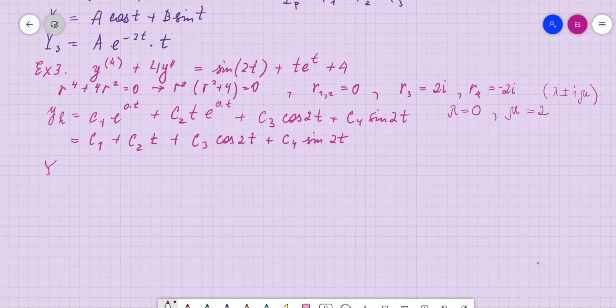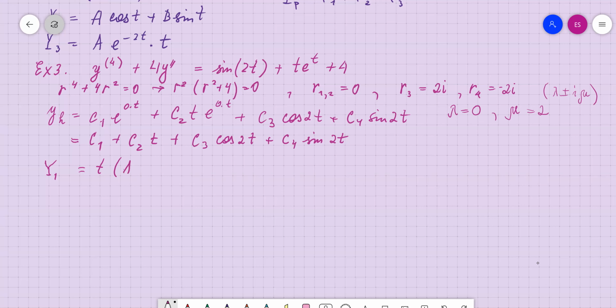particular solution. Again, I'm going to use the superposition principle, and I'm going to start with sine. I do see that sine of 2t is a solution already of the homogeneous equation, right? So just sine and cosine is not going to work. I'll need to multiply it by t.